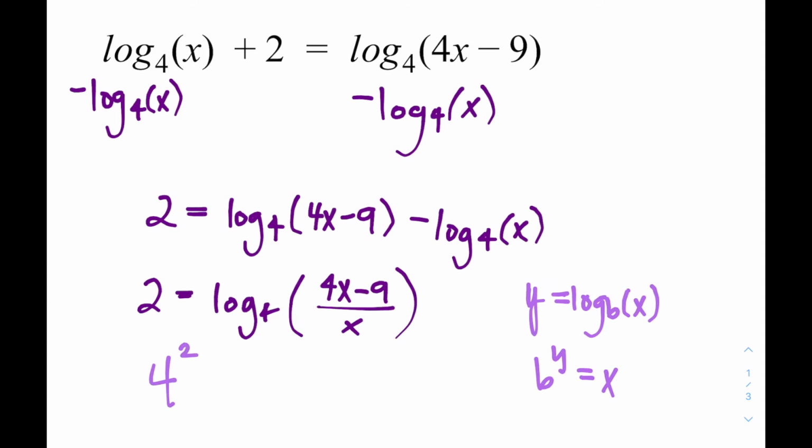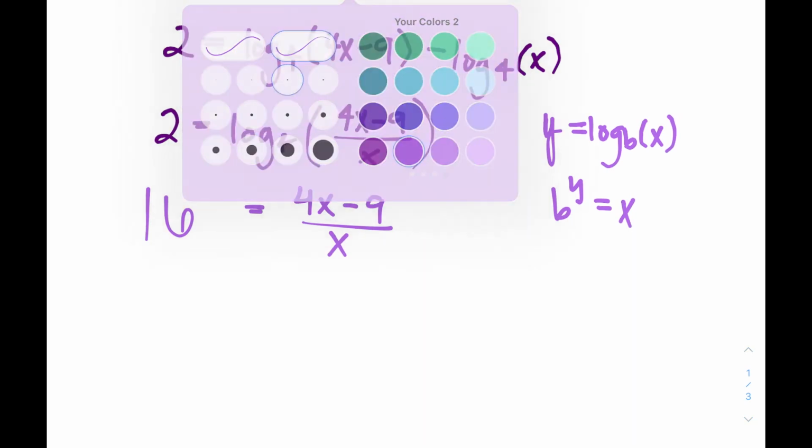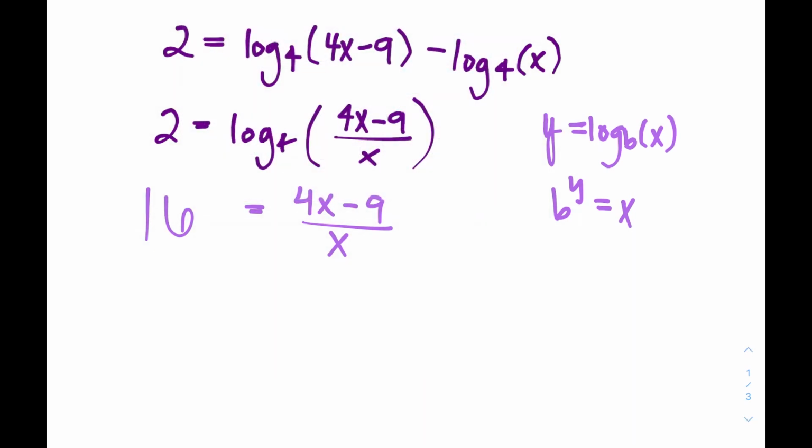So we'll have 4 squared equals (4x minus 9) over x. 4 squared is 16, so we'll go ahead and replace that with 16. And now we can actually solve this problem. We can't solve it when we've got a fraction, so we're just going to multiply both sides by x to undo the x on this side. We'll have 16x equals 4x minus 9.